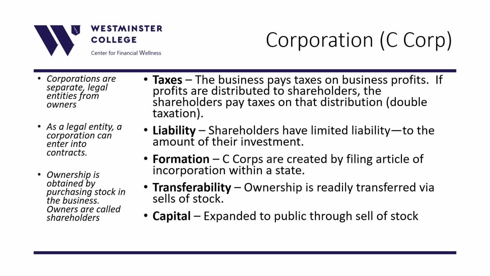So transferability, ownership is readily transferred via sale of stocks. And then capital is expanded to the public through that sale of stocks. And there are no limits on the number or type of shareholders. So a C Corp has the best access to capital markets. If you're going to have a company that you want to grow very large.